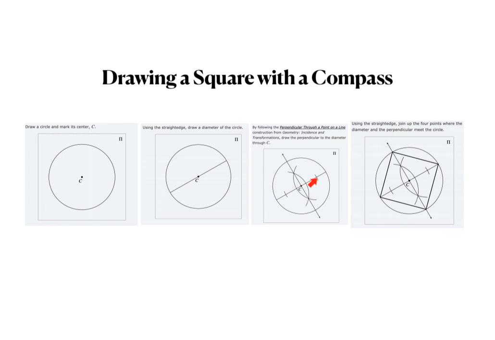You move the point of your compass to the first one, draw yourself an arc, move the point of the compass to the second location, draw yourself another arc, and now we can draw our perpendicular line. So then once that's done, you join up the 4 points where the diameter and the perpendicular meet the circle, here, here, here, and here. And now I've completed a square.